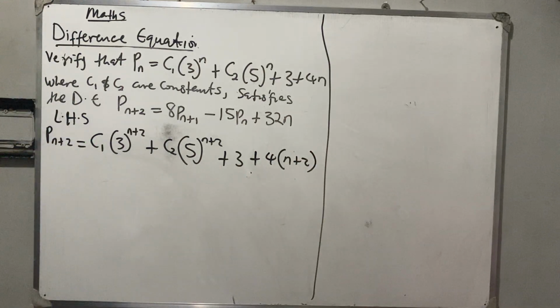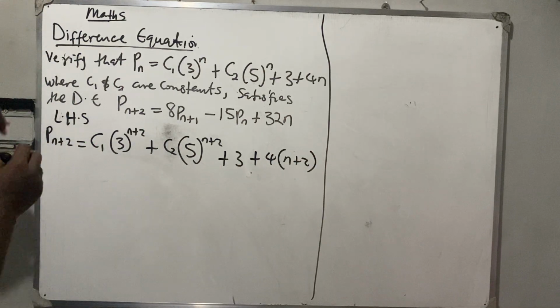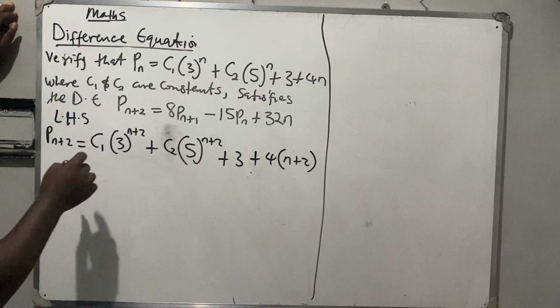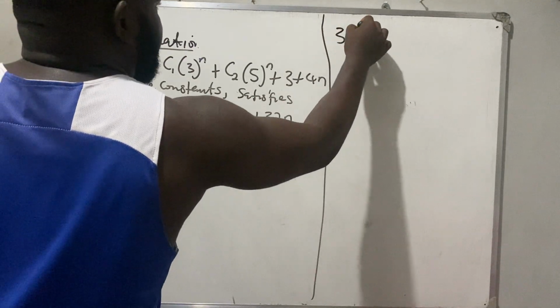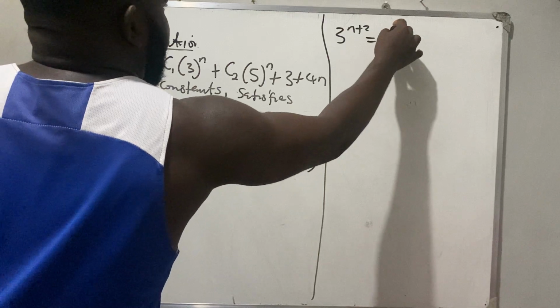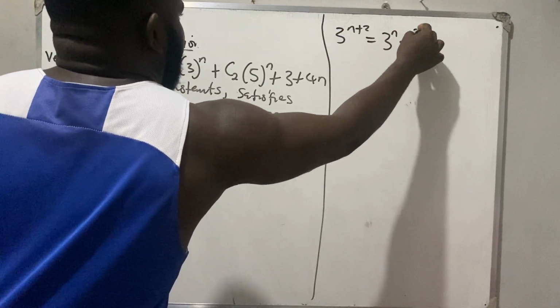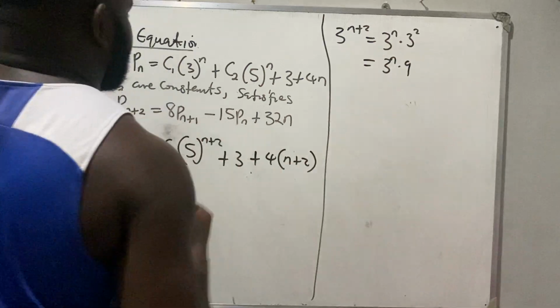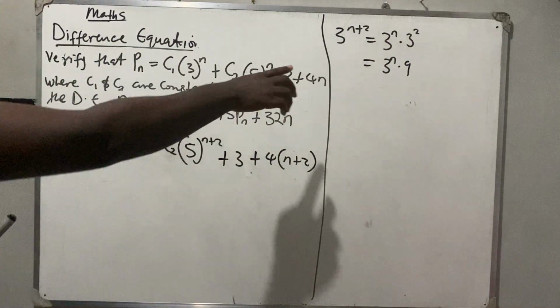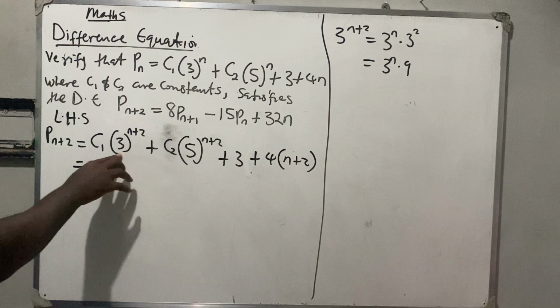Now, separating 3 raised to power n plus 2 will give you 3 raised to power n multiplied by 3 raised to power 2, which will give you 3 raised to power n multiplied by 9.